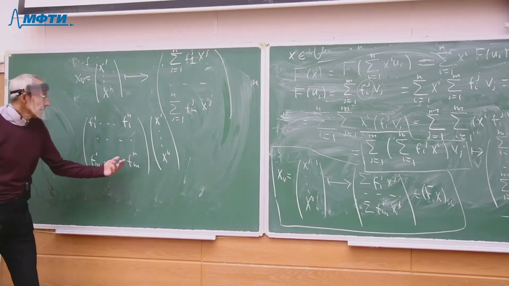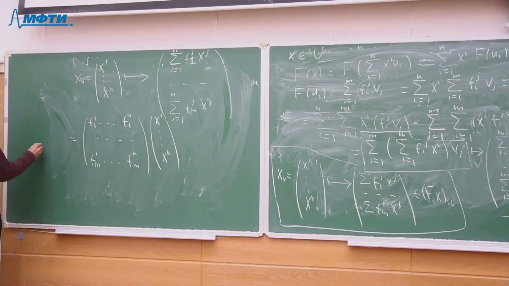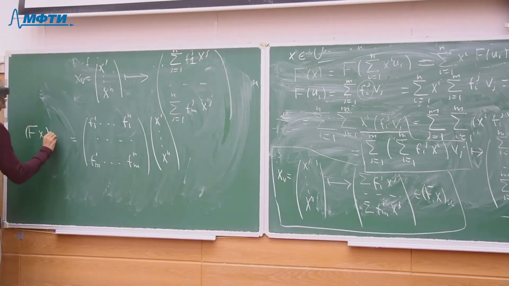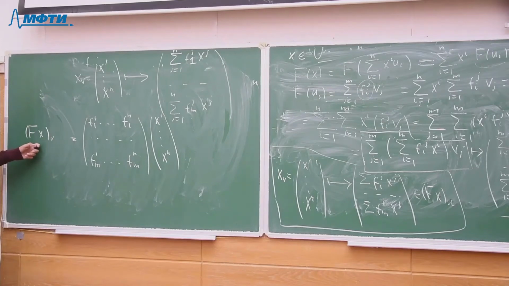And this result gives the coordinates of the image of the vector x in the basis V.